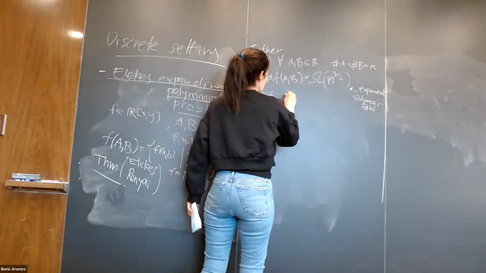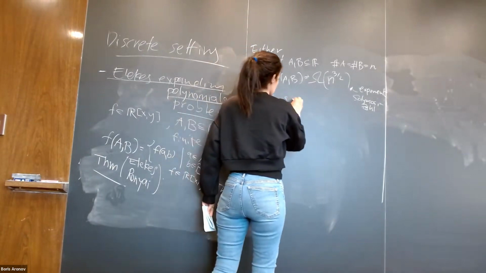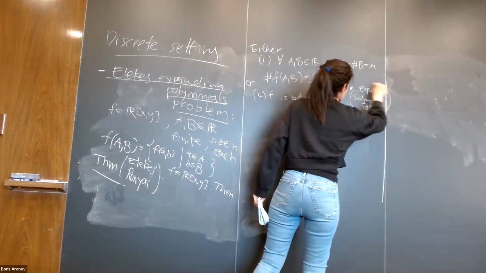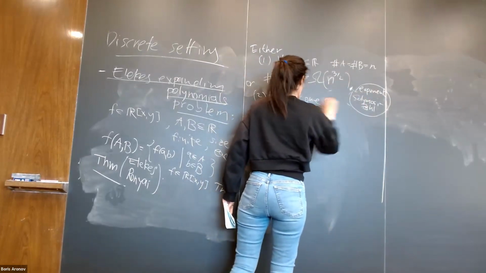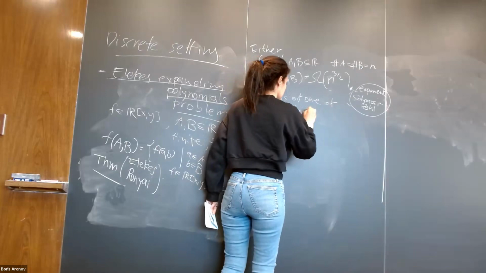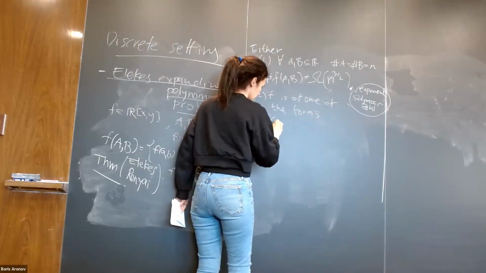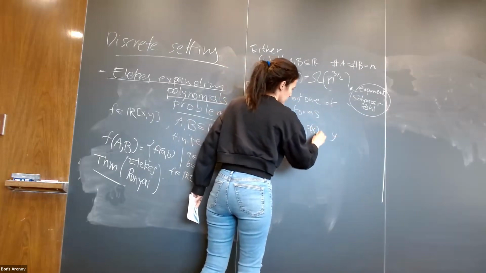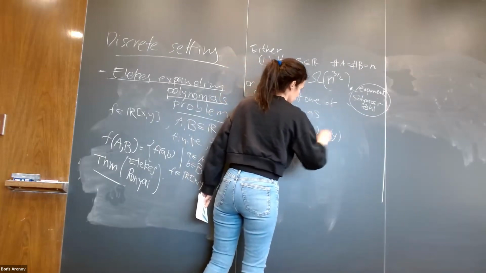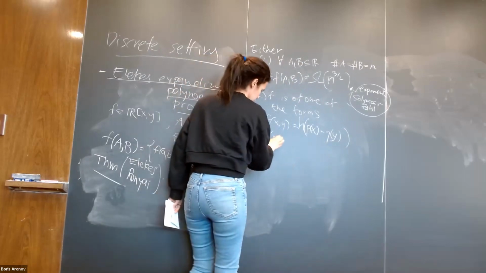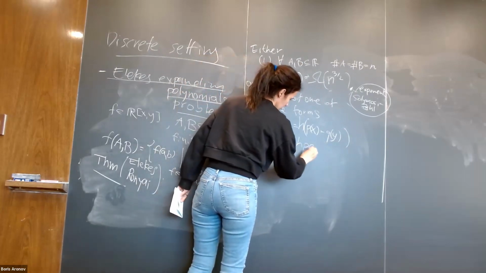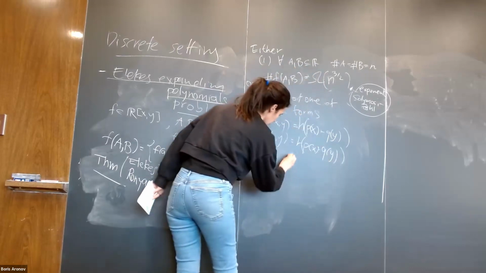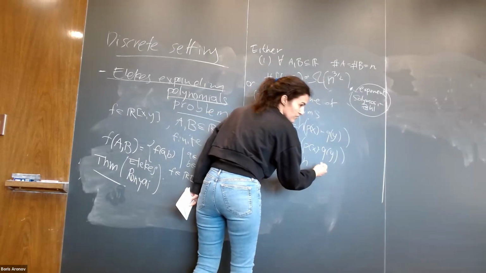So f is one of the forms: x plus y, but it can be q of x plus q of y, or h of p(x) times q(y), where p, q and h are univariate polynomials.